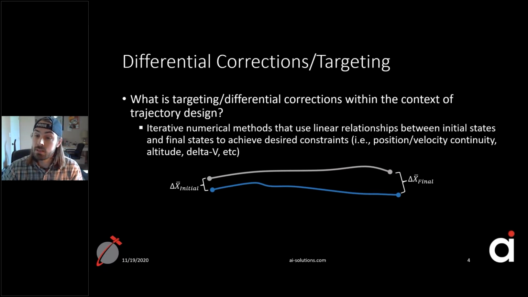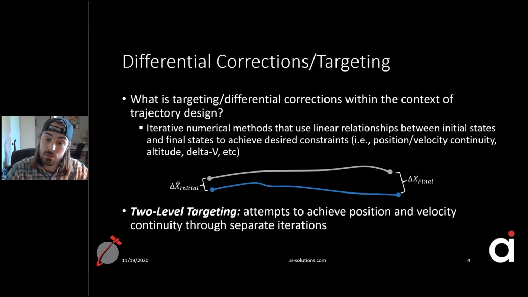Basically, you're using linear relationships from perturbations of an initial state and looking at the final perturbations, and using those to build a continuous trajectory and achieve constraints that you want on your trajectory. For example, we're going to be looking at position and velocity continuity, but you can also add in altitude constraints, delta V constraints, apse constraints, anything you can think of under the sun.